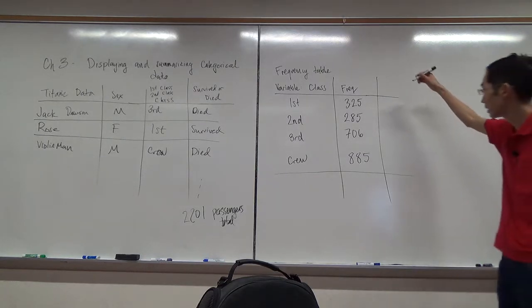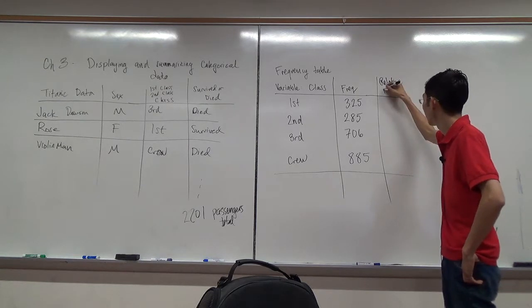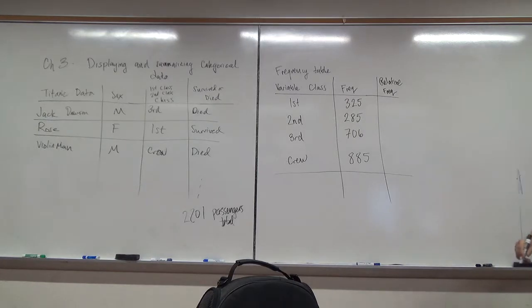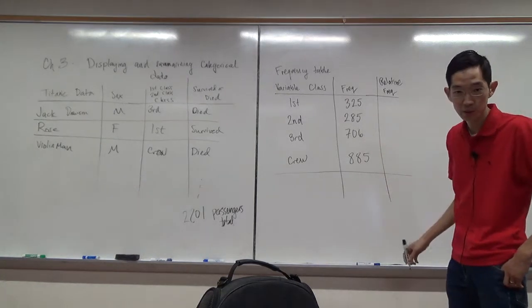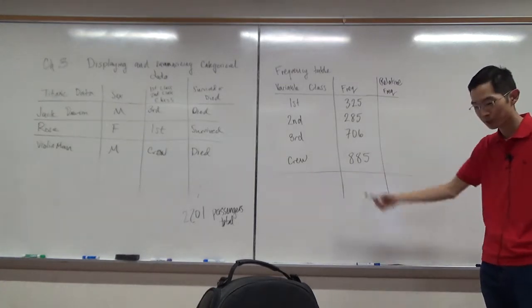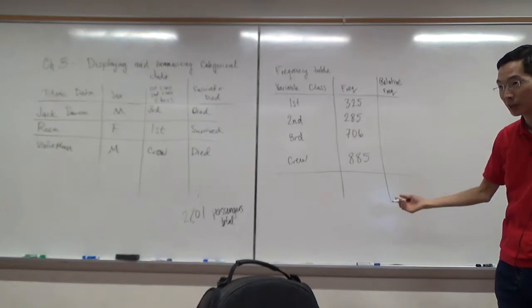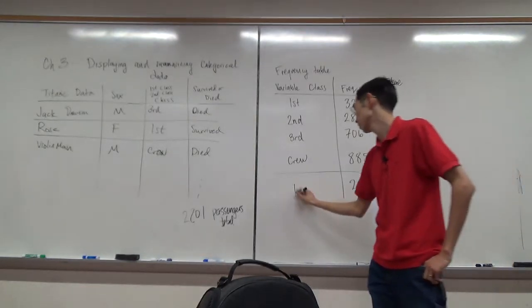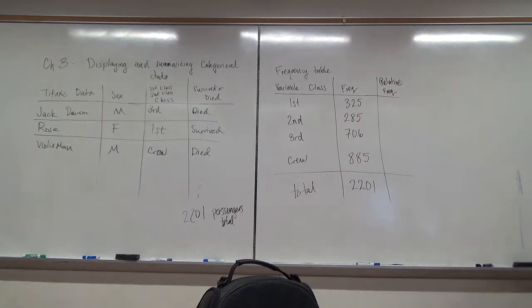All right, we can add another column to make it a relative frequency table. And a relative frequency table just takes these numbers and turns them into percentages. So the first thing we would have to do would be to add up how many passengers total we have. So we have a total of 2201 passengers.